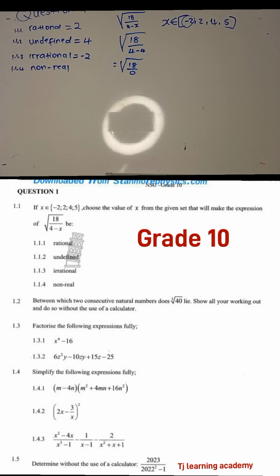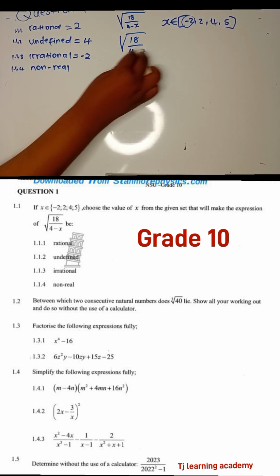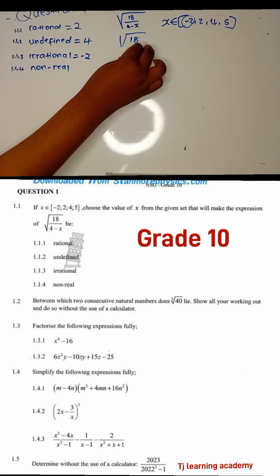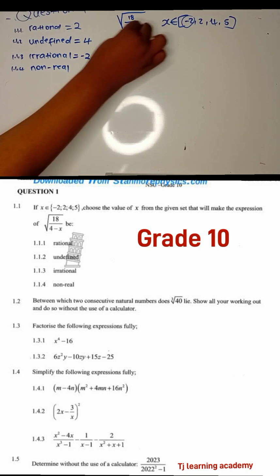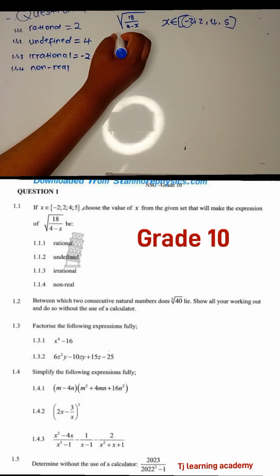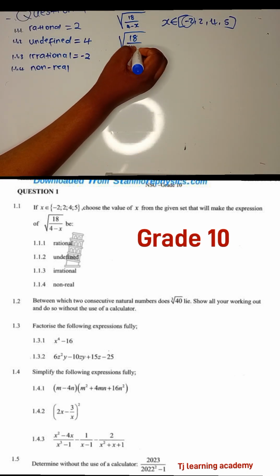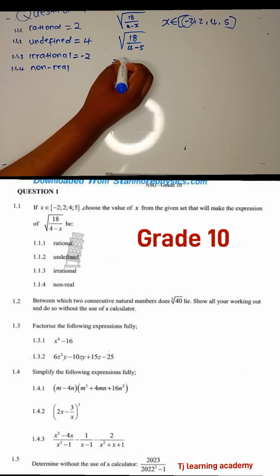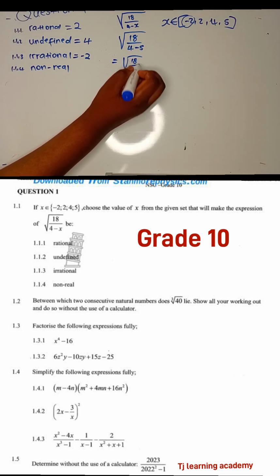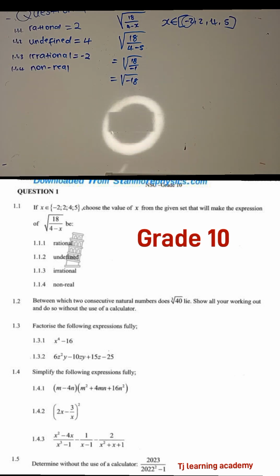So now we are left with 5. I'm going to substitute 5. Square root of 18 divided by 4 minus 5. It's going to be 18 over -1, which is square root of -18.